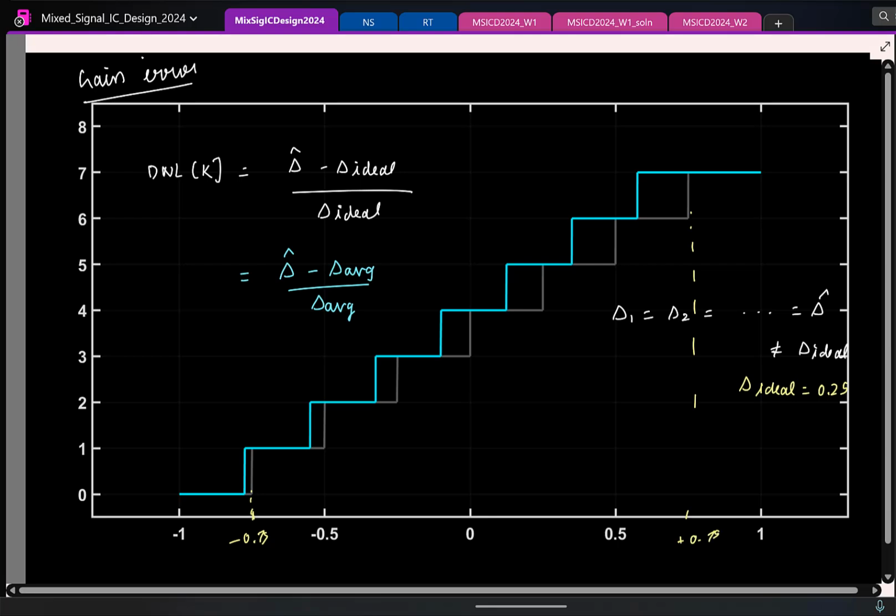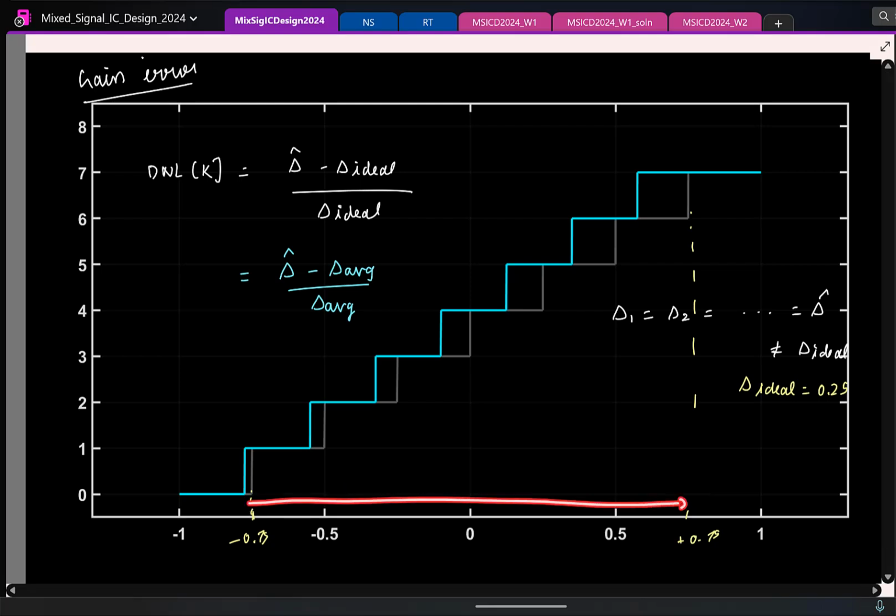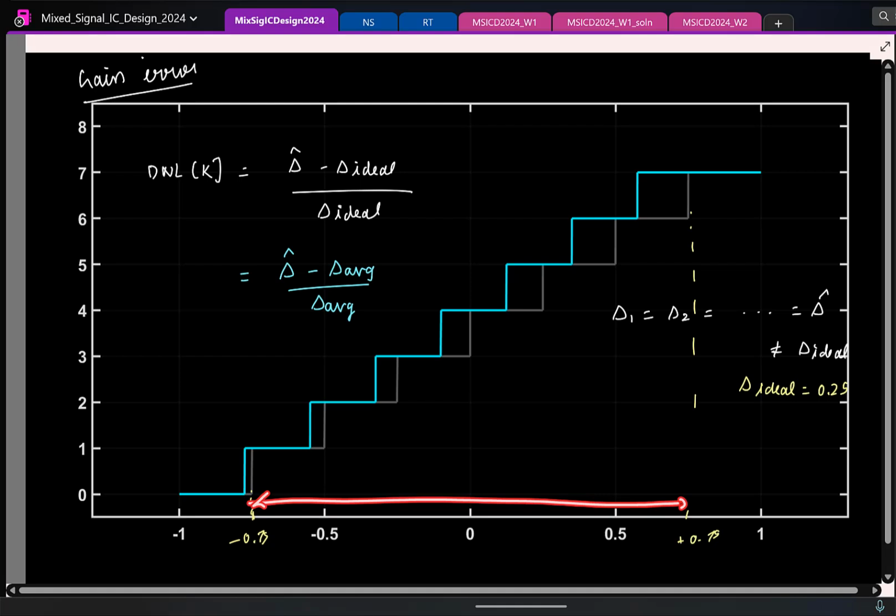So what I'm doing is I'm checking the difference between the two, that's 1.5, and within this span of 1.5, how many codes do I have? 1, 2. So, again, this is a loose explanation, that is basically 0.25.